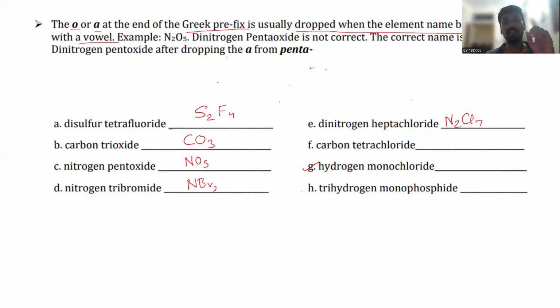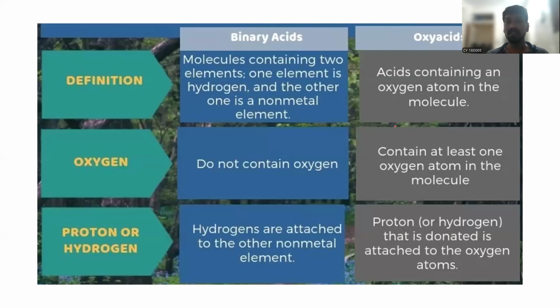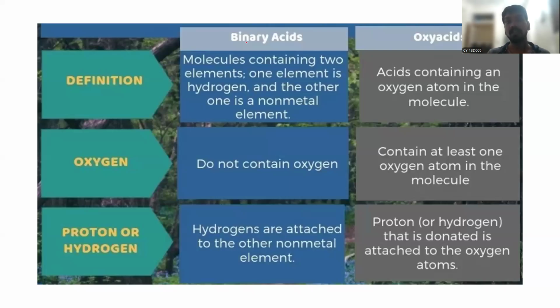Now, earlier we discussed oxy acids and binary acids. So today we are going to cover what is oxy acid and what is binary acid. Binary means 2. Oxy acid means oxygen is involved. Binary means molecules containing 2 elements.